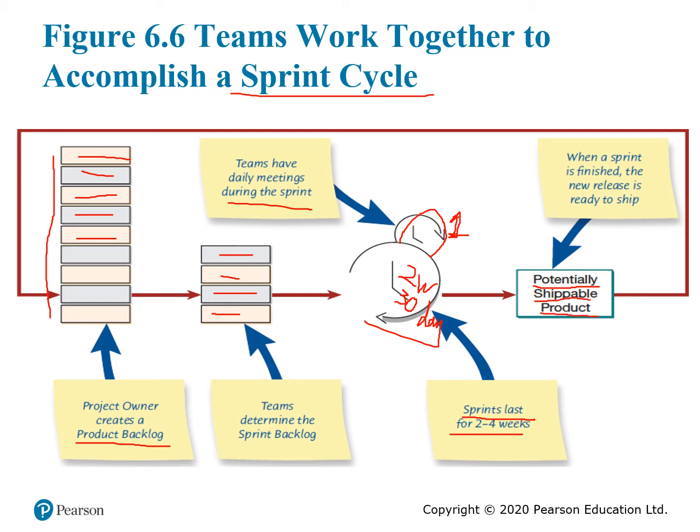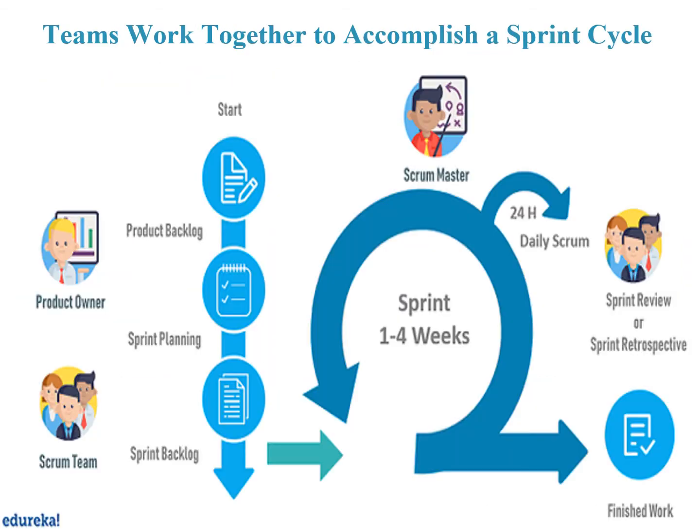So when the sprint is finished, the new release is ready to ship. And then when we ship it, we also listen to the users, and we create the product backlog again according to the users' stories.